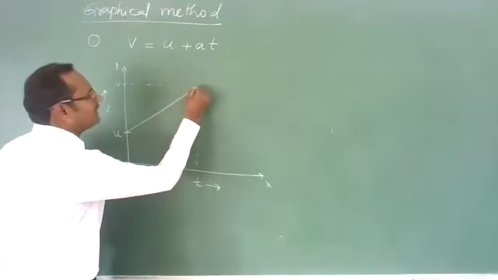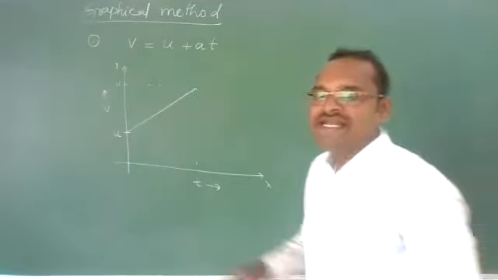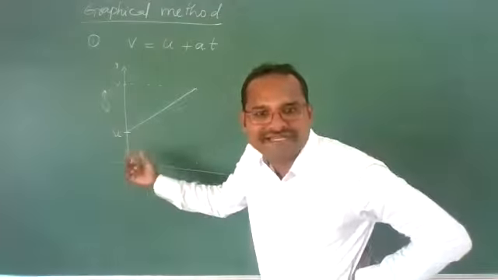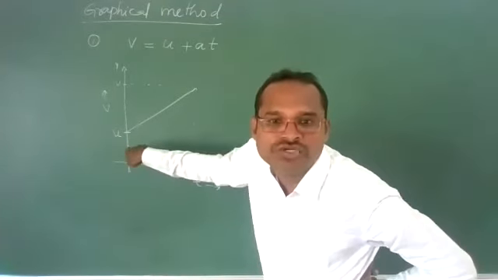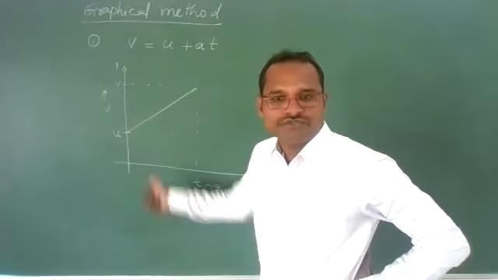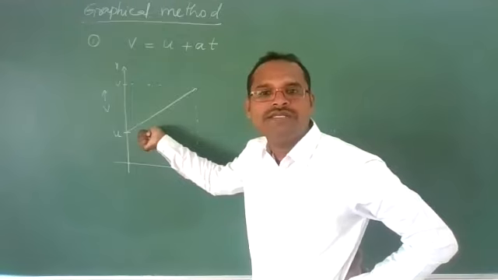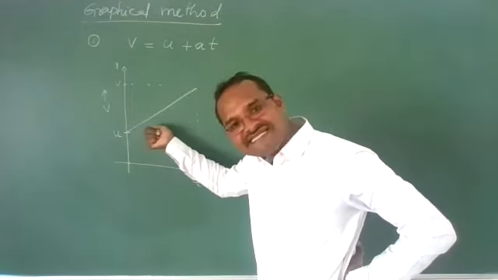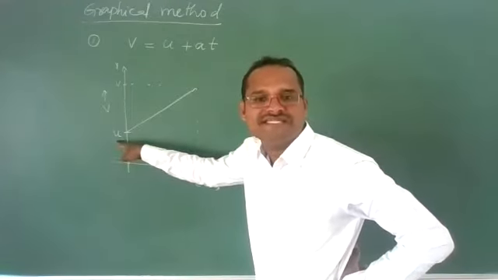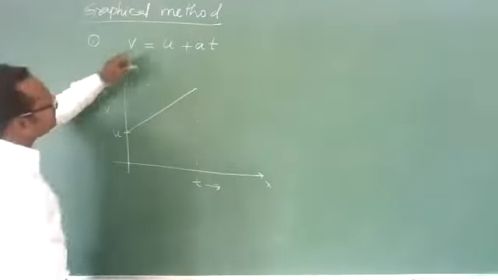So this is the graph which represents a vehicle or an object or a particle under uniform motion with some initial velocity u. Now I want this equation.